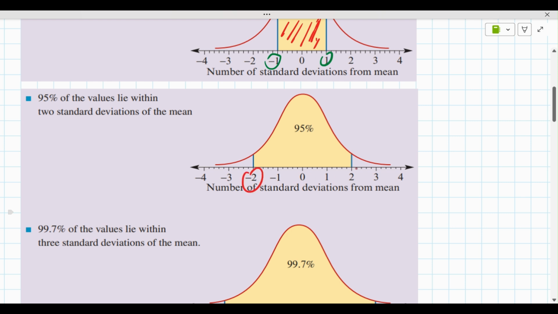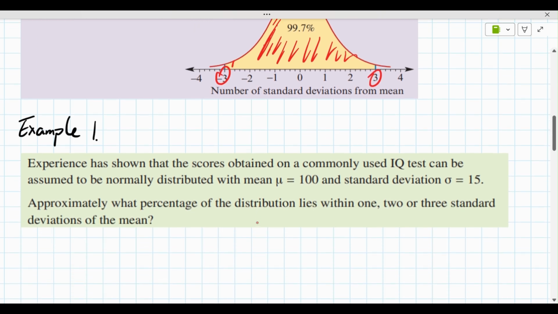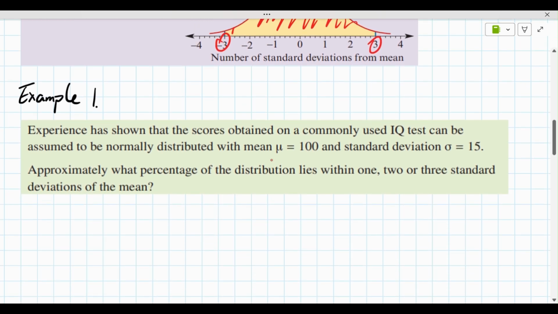If you have -2 to 2, that's 95%, so we call that two standard deviations of the mean. And 99.7%, we're going to 3, which is almost all under the curve. That's the 3 standard deviations from -3 to 3. So now we're going to use our knowledge to do the graphs.